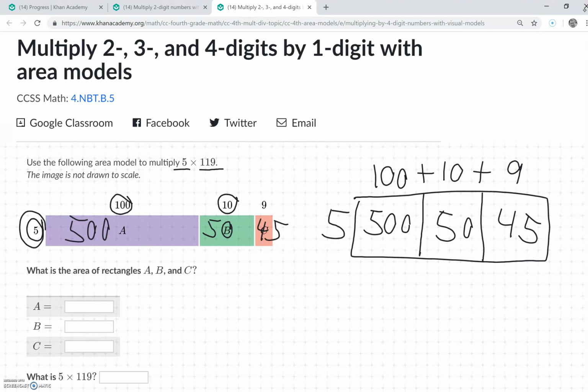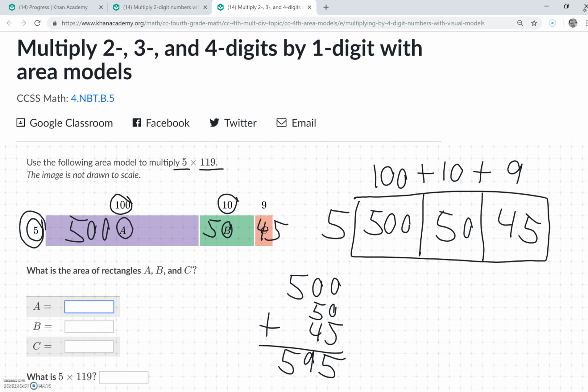Okay, let's add them up. 500 plus 50 plus 45 equals, well, 0 plus 0 plus 5 is 5. 5 plus 4 is 9. 5 is just 5. Okay, so now I can put these numbers in here. A is actually 500.